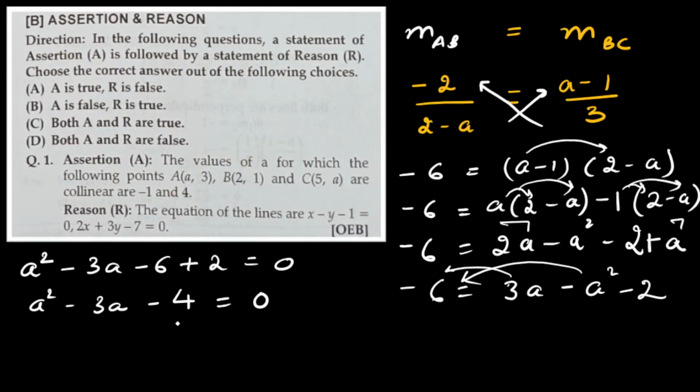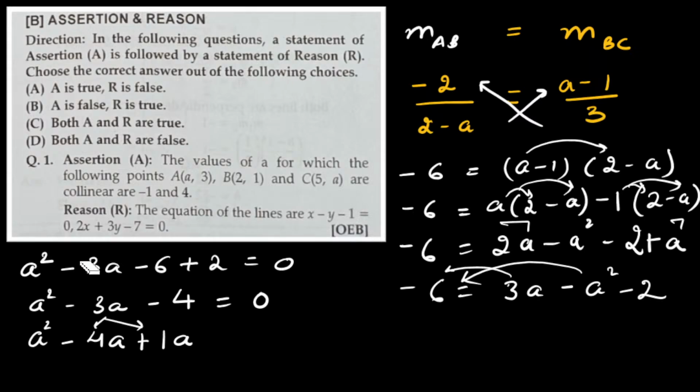By using the formula you can do it, or by splitting the middle term also we can do it. I'll be doing it by splitting the middle term. So what are the factors? If you are doing it, you can check if we are getting the same quadratic equation. Minus 4 and plus 1, so I am splitting the middle term 3.